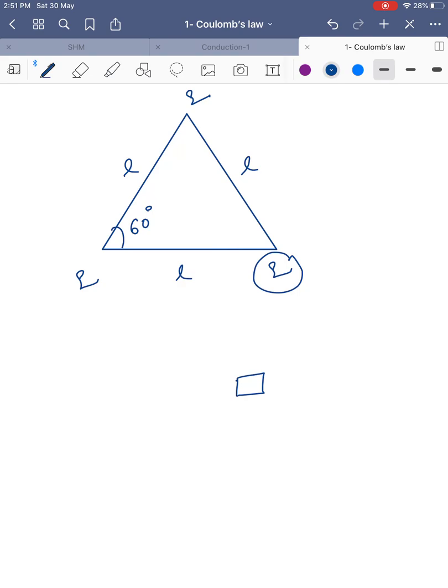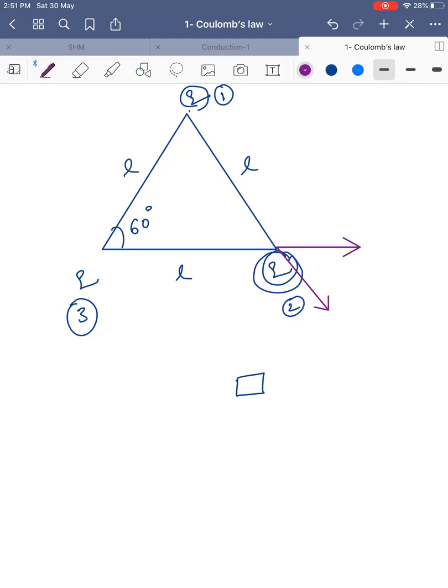Because of Q and Q, I am just numbering them 1, 2, and 3. Between 1 and 2, there will be a repulsive force, exactly in this direction. Next, between 3 and 2, exactly in the opposite direction, because it is a repulsive force.